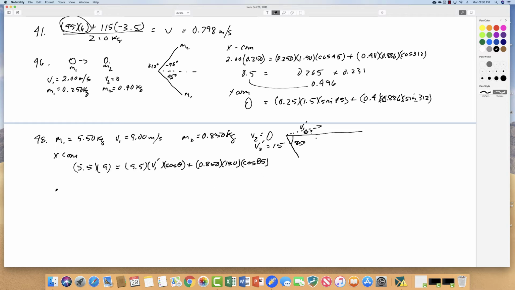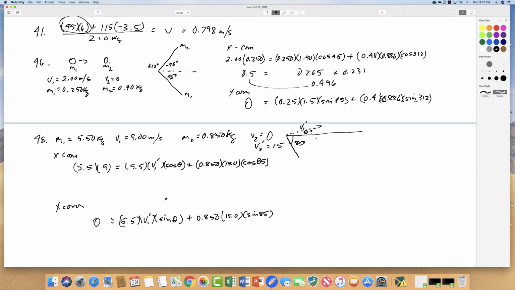And the second equation is the y component, which is going to be 0 because there was no y component: 5.5 times v1 prime times the sine of theta plus 0.850 times 15 times the sine of 85.